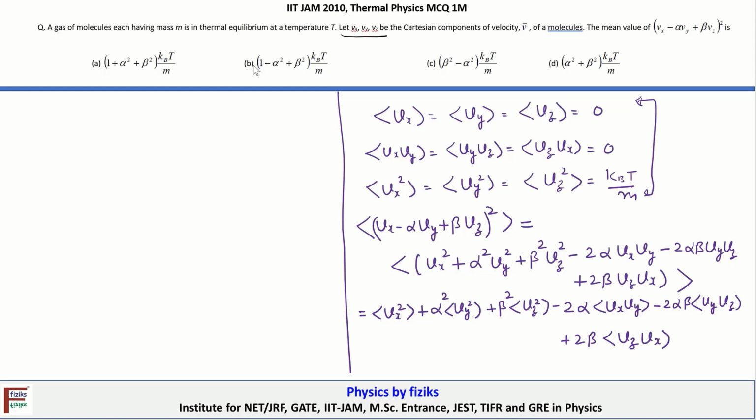Okay, so as I said earlier, this average will vanish, this will also vanish, and this average will also vanish.